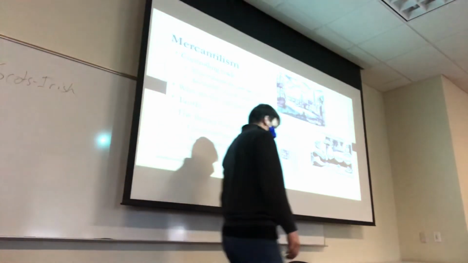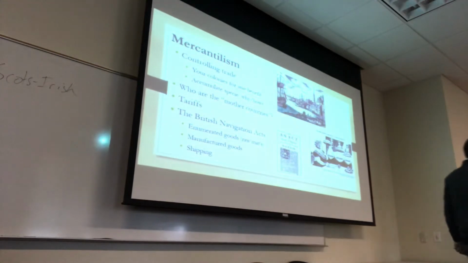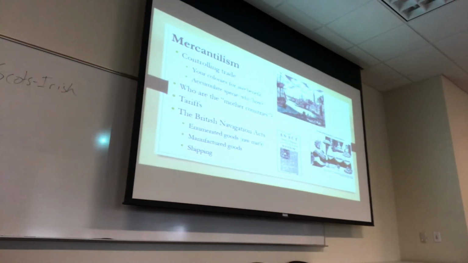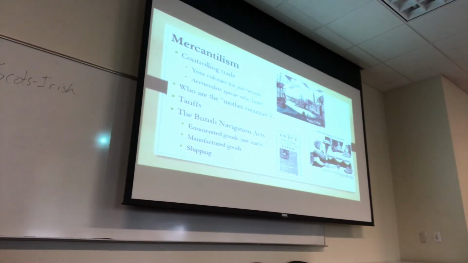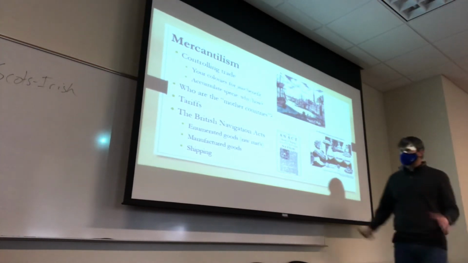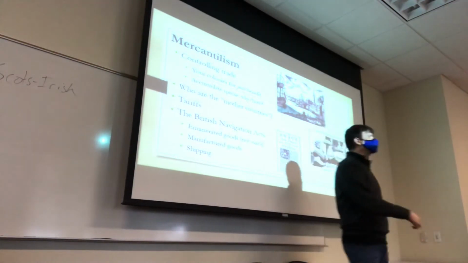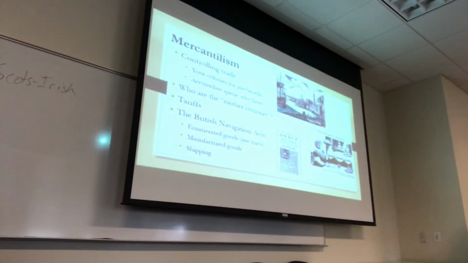Now, in the case of certain of the most valuable cash crops, which would include sugar and, as you hopefully know by now, tobacco and rice, British Parliament actually does say, okay, those are special, those constitute enumerated goods. Enumerated just means like a numbered list, 1, 2, 3.